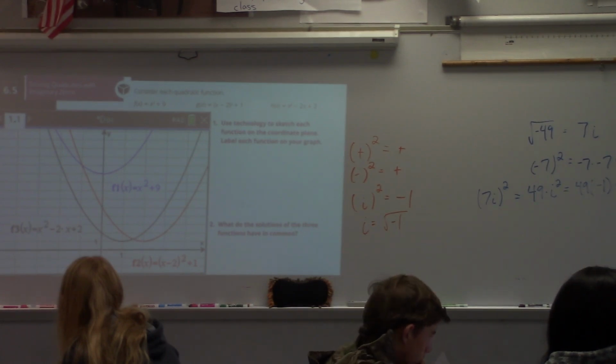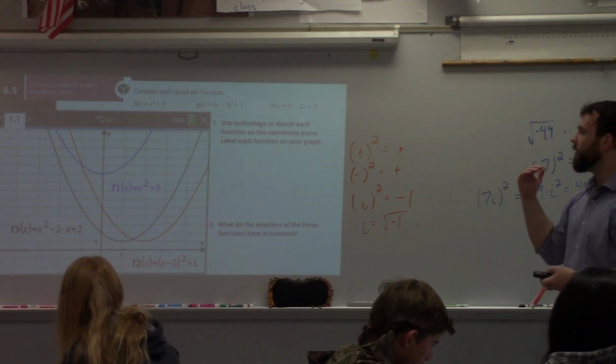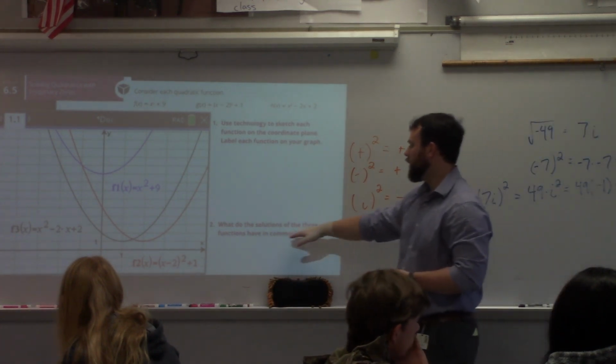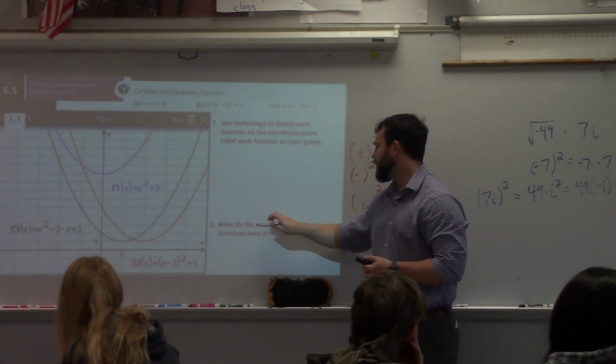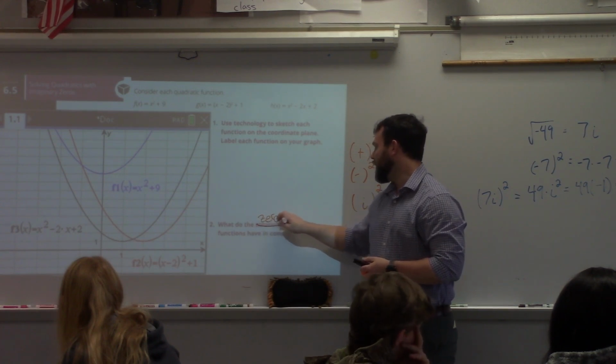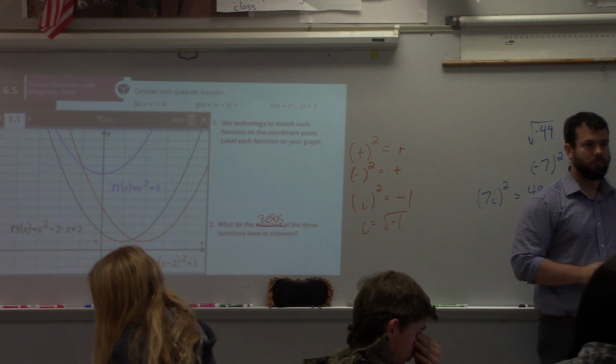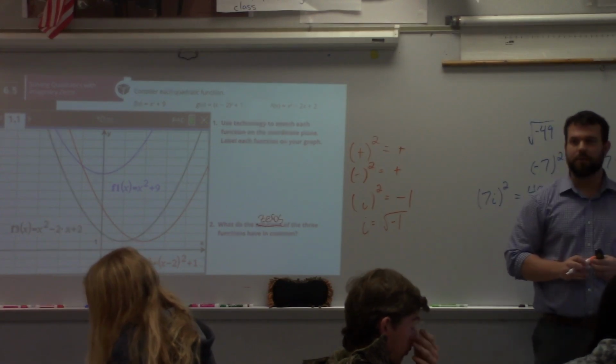Okay? We took the time to graph these, but they're also on the board, and the main thing is, what do we know about the, I should not say solutions, we should say zeros here. What do we know about the zeros of the three functions? They have to be what?